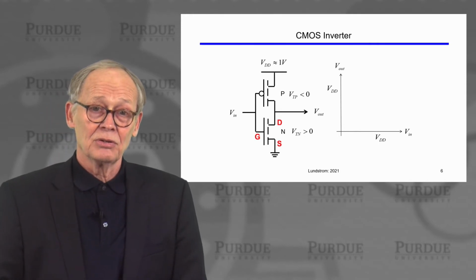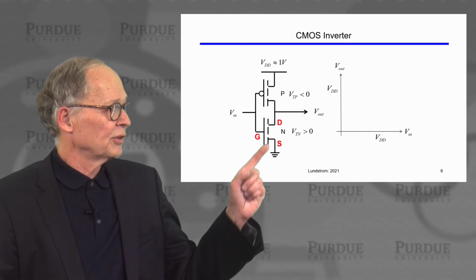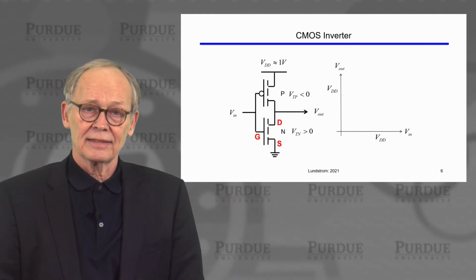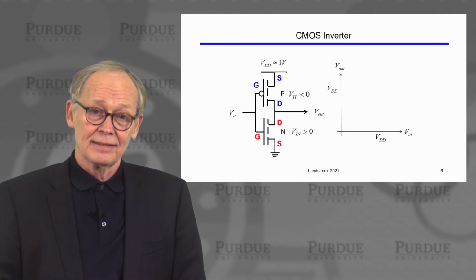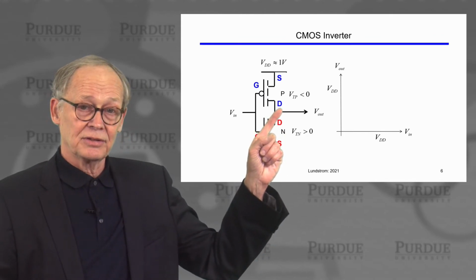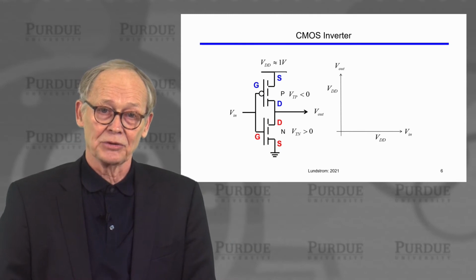It's important to know where the terminals are. For the N-channel transistor, the source is grounded and the drain is connected to the output. For the PMOS transistor, the drain is also connected to the output, but the source is connected to the most positive power supply.